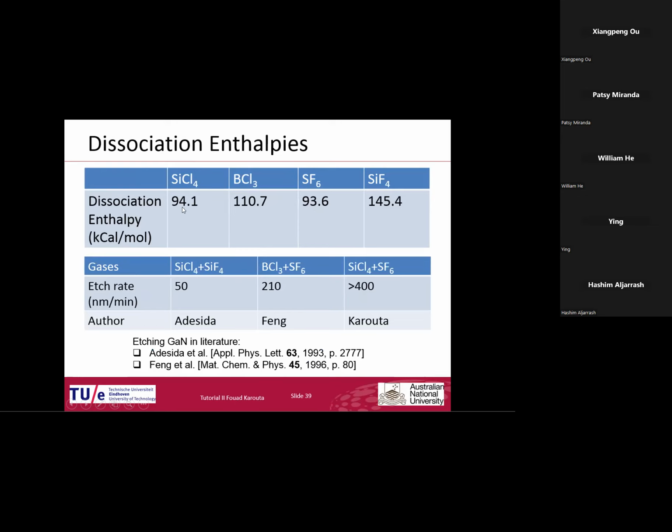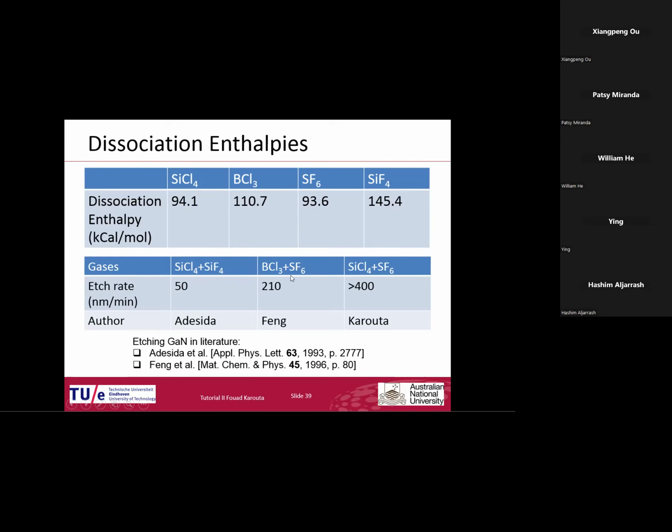When you are using a gas, look at the dissociation enthalpy. That is the energy you need to remove, for example, one chlorine radical from the silicon tetrachloride or one chlorine from BCl3. The same for SF6 and silicon tetrafluoride. And that will explain why other people who use the same combination, like this author here, he didn't find any increase of etching rate of gallium nitride when he used silicon tetrachloride and when he added silicon tetrafluoride.